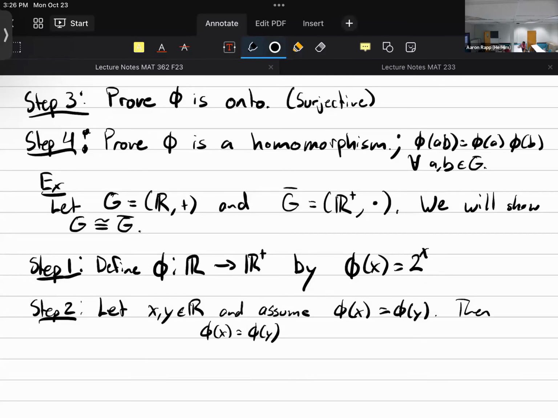Well, just by how we defined the mapping, phi of x and phi of y, I just take the x and y and put them in a power of 2. This just becomes 2 to the x and 2 to the y. And then what can I do to both sides of this equation to essentially end up getting that x is equal to y? Log, what base? Log base 2.